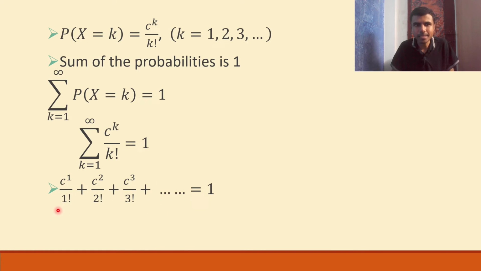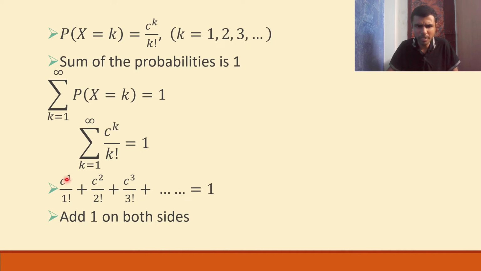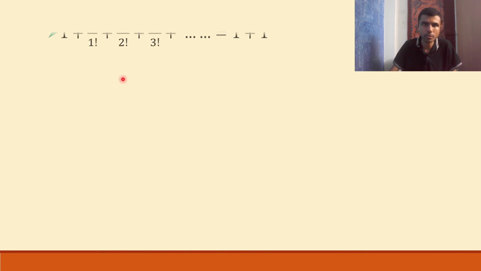Now this is actually kind of a pattern. If you see, c^1 by 1 factorial, c square by 2 factorial, c cube by 3 factorial. This one is similar to the expansion of e^x, the Taylor series of e^x. If you add 1 on both sides, what you'll get is 1 plus c by 1 factorial plus c square by 2 factorial plus c cube by 3 factorial plus and so on.